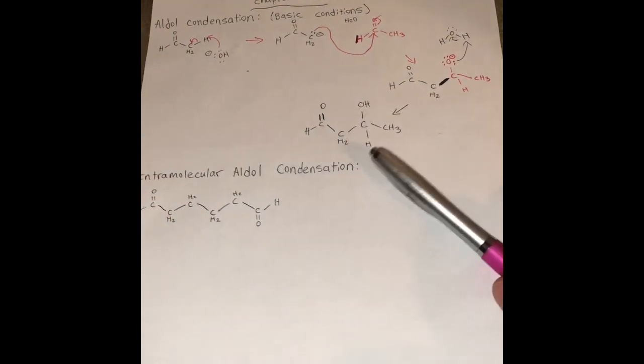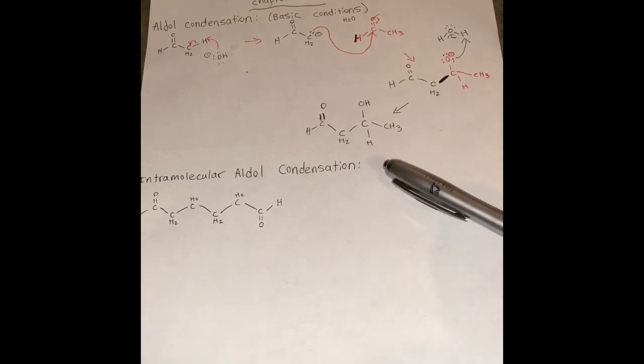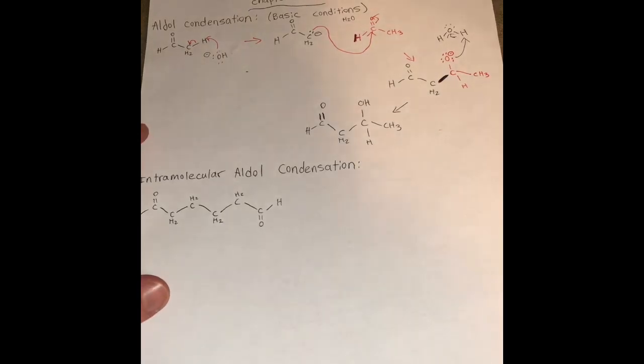Now, we would stop here if we did not have heat in our reaction, but most of the time you're going to see heat. So when we have heat, we're going to go forward and create a double bond between the two carbons that join together, and it would look like this.